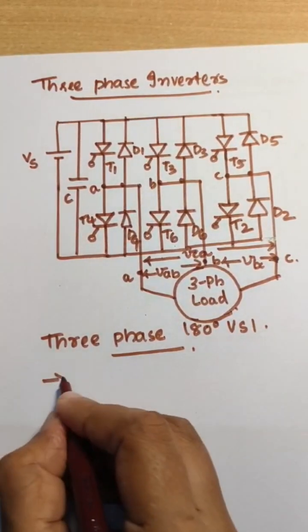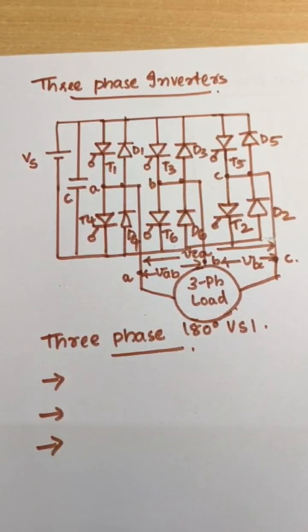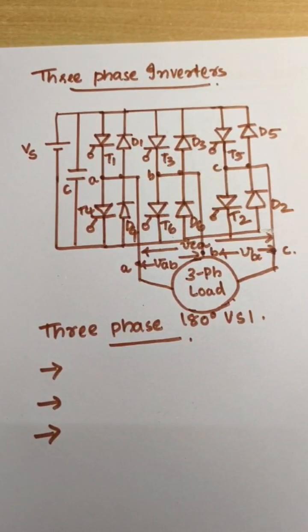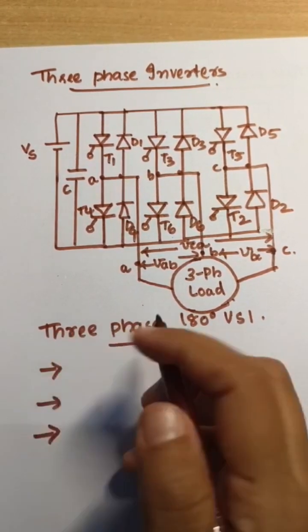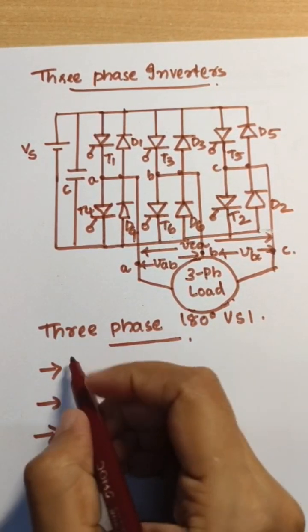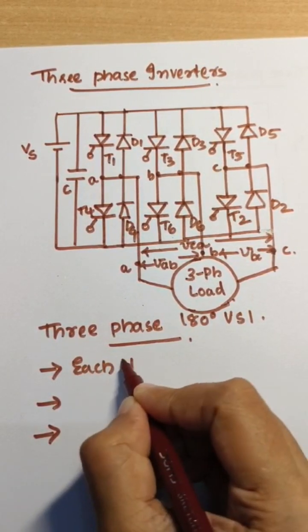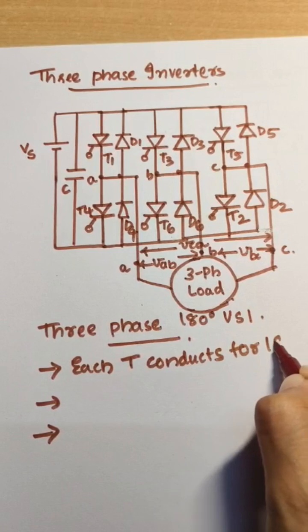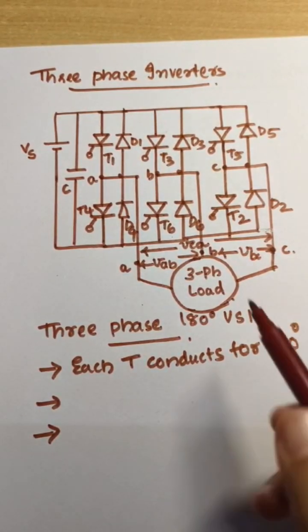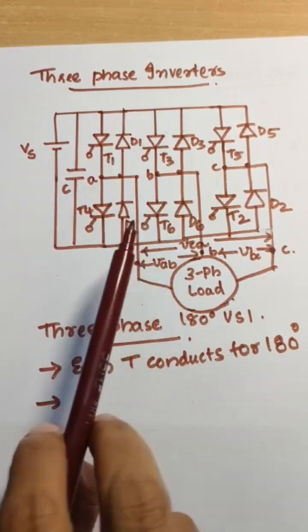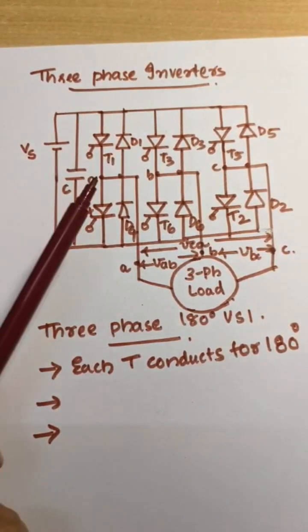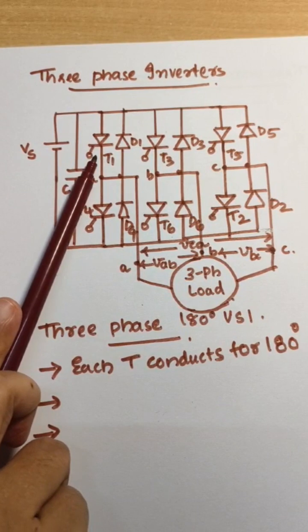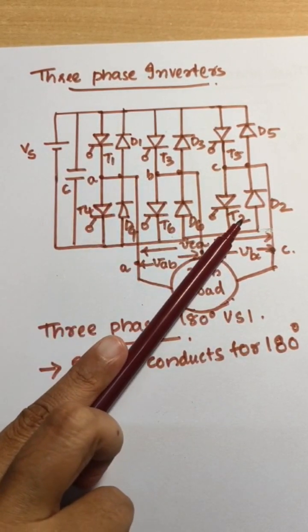Three things need to be kept in mind for drawing the switching pattern as well as line to line voltage and line to neutral voltage. One is that each thyristor conducts for 180 degree. This is the 180 degree mode of operation. And gate pulses are given at intervals of 60 degree, which means if the gate pulse is first given to T1, then after 60 degree T2 will be turned on.